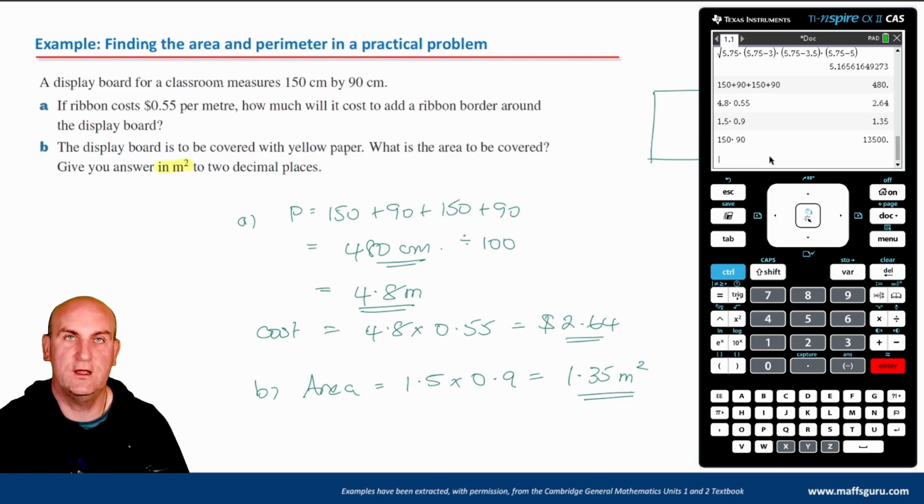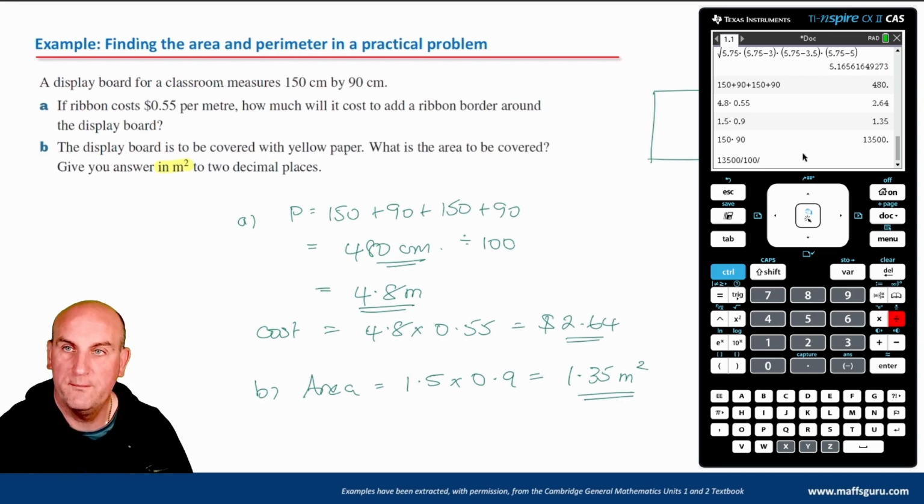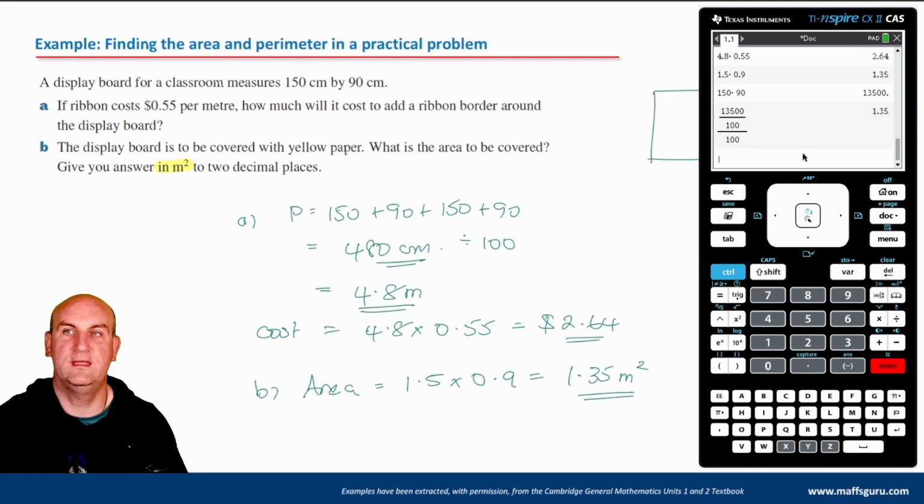Now, that's to go from centimeters to meters. If I want to go from centimeter squared to meter squared, and this value here at the moment is centimeters squared, 13500, I would divide it by 100. That's one dimension, but because area is 2 dimensions, I would divide by another 100. And there we go, that gives me the 1.35 I was expecting.